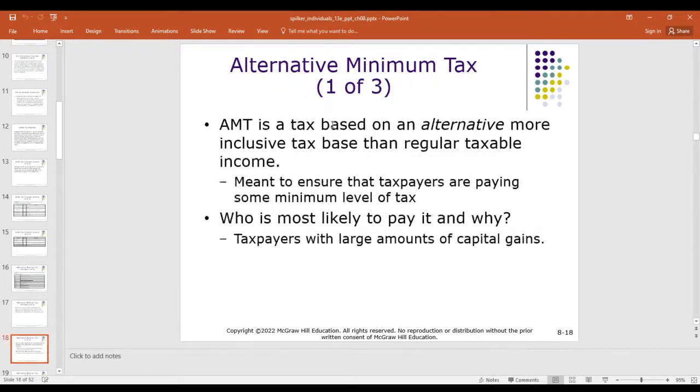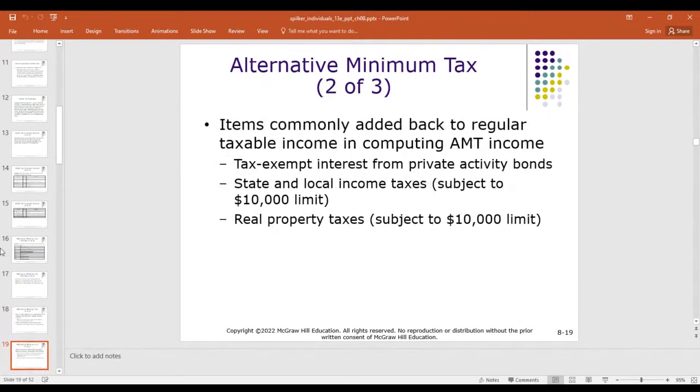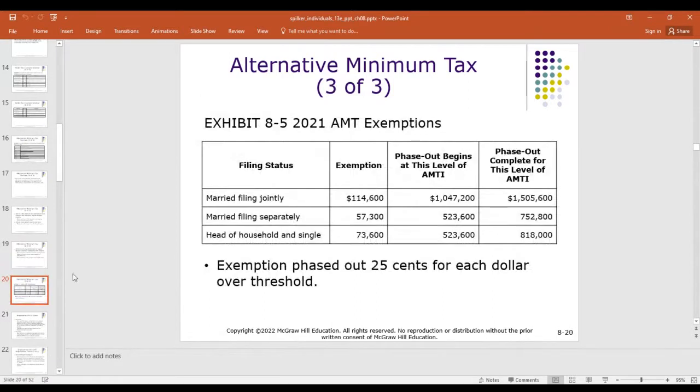Okay, we talked about those add back items, and we talked about the AMT exemption. Now, based on filing status, here's where your exemption starts to phase out or gets reduced. So if you're married filing joint, your alternative minimum taxable income threshold is $1,047,200.